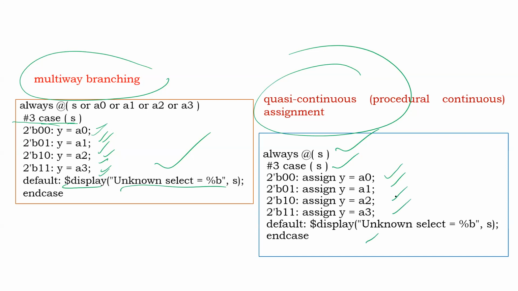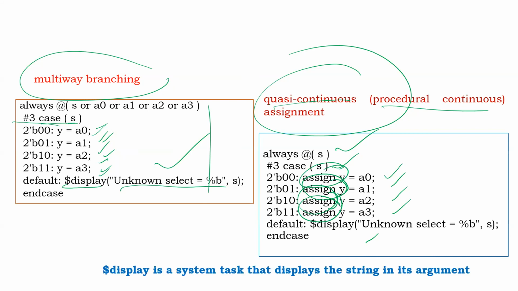Here is the quasi-continuous, here is the multiple branch. In quasi-continuous, or procedural continuous, I am using assignment statements here, once again here. So the evaluation of the case expressions and case statements are different. Okay, I think now the time is over.